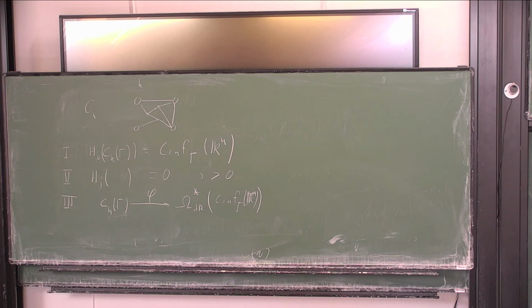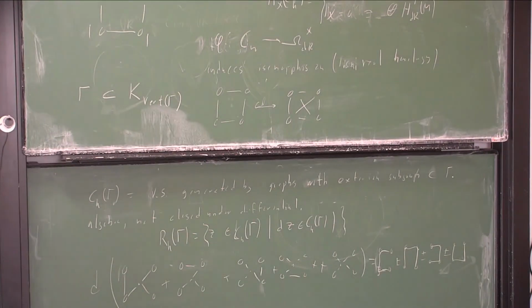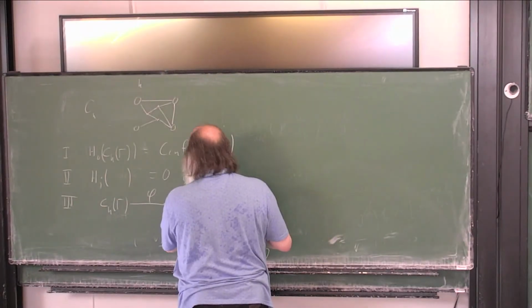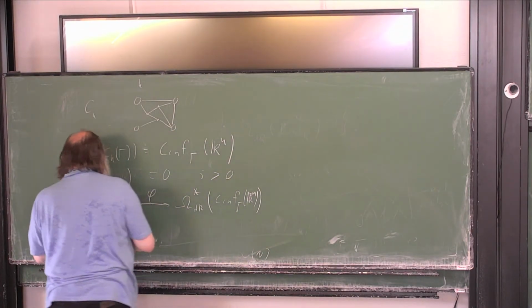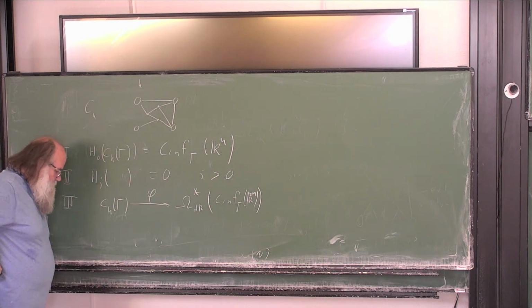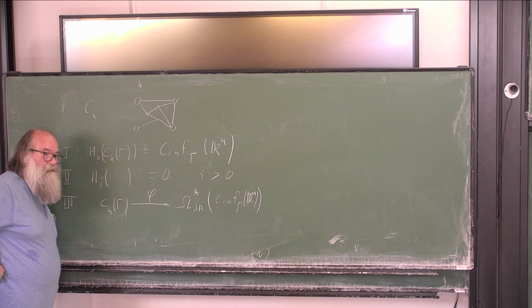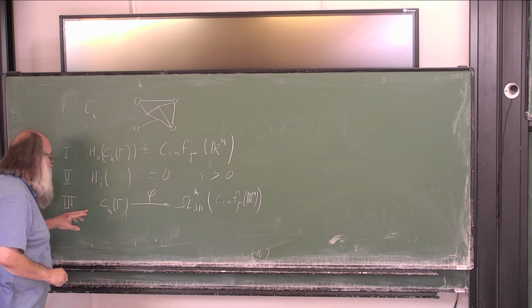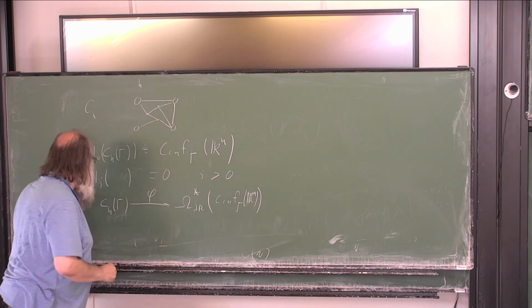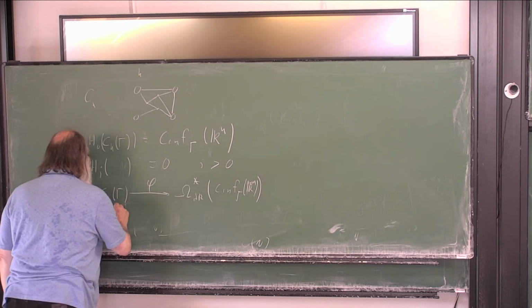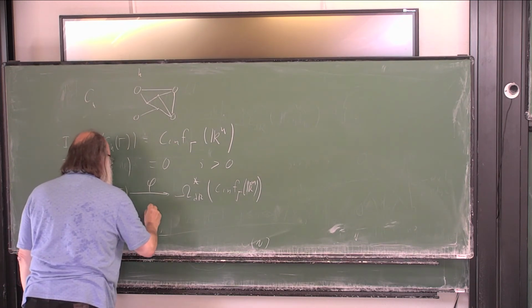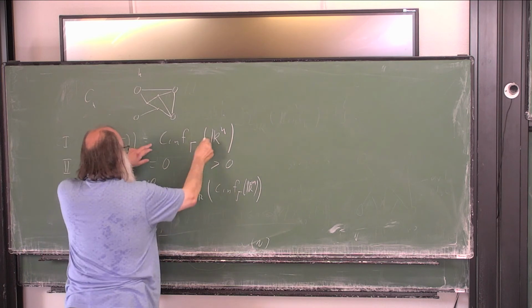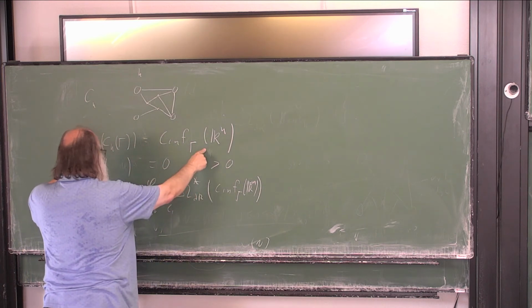So you get that this configuration space, you determine the rational homotopy type of it, and in particular, it is formal. So what is the statement in 3? Well, there is such a map, and it induces an isomorphism.